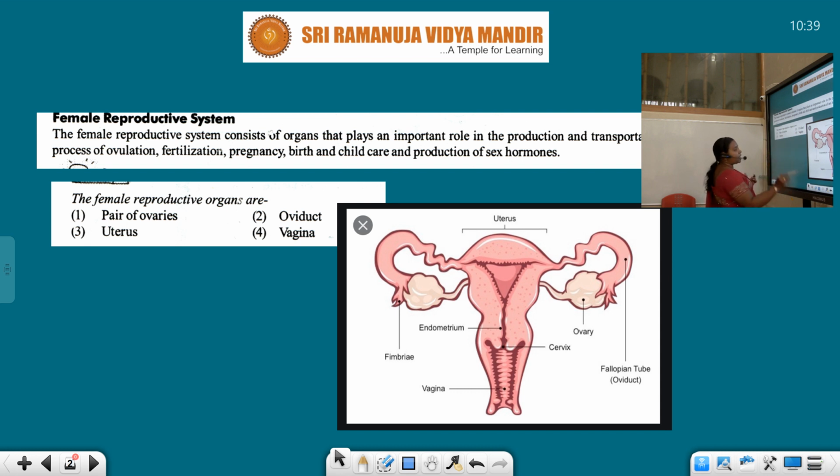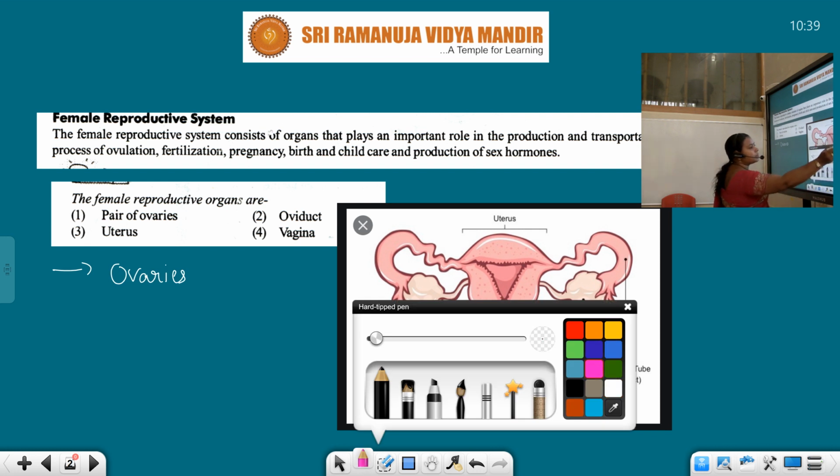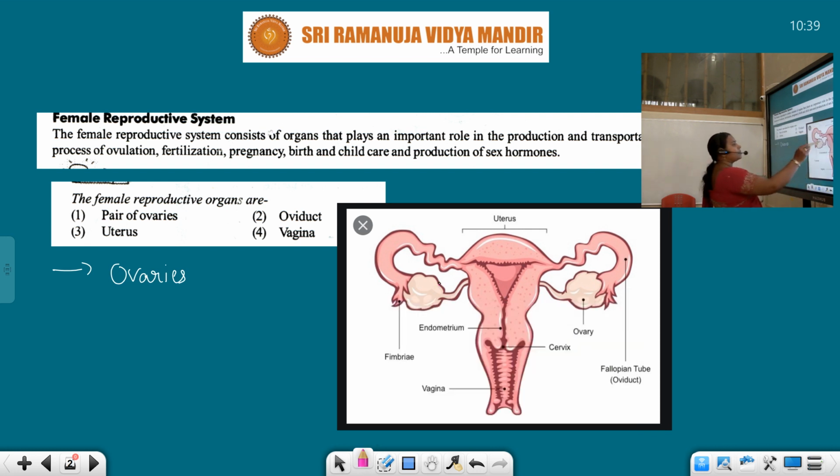The main reproductive organs in the female reproductive system are a pair of ovaries. So students, these are a pair of ovaries, which are present in the female reproductive system.